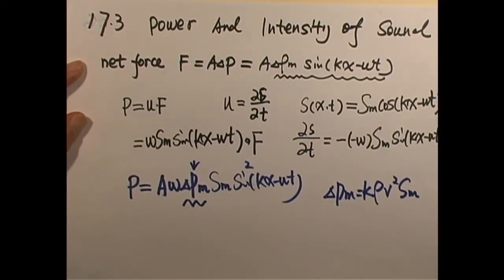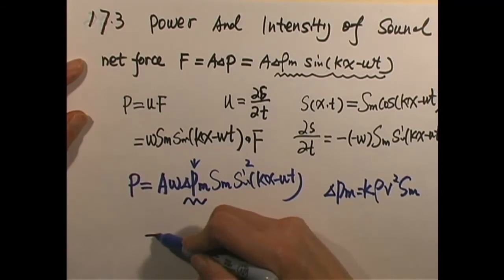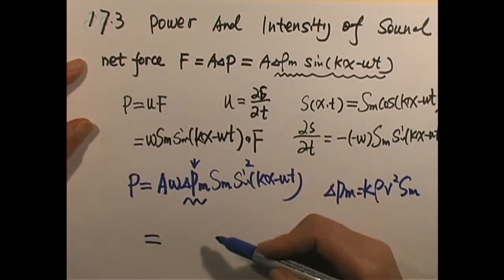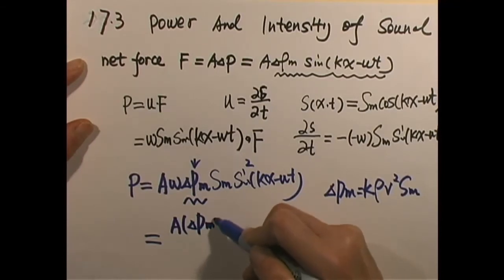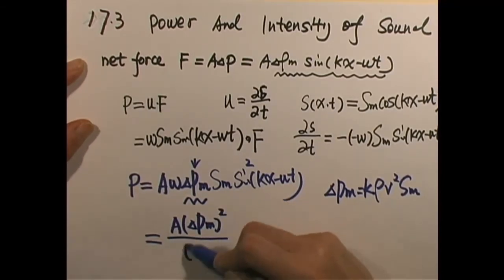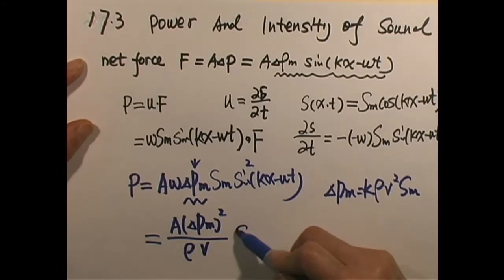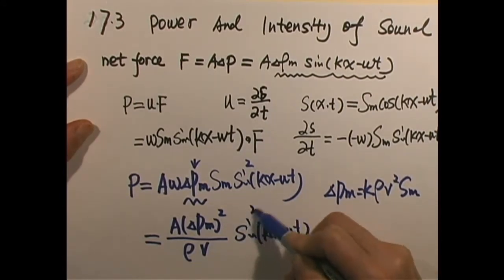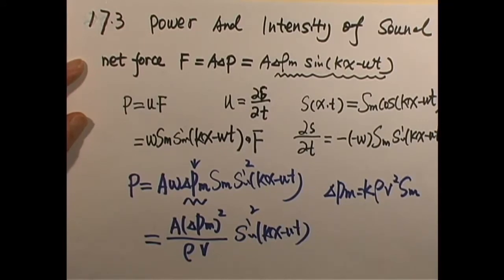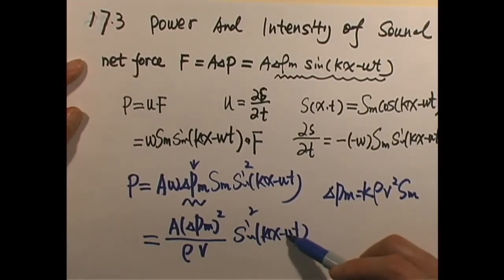What we have is power equals A delta P_m squared over rho v, times sine squared(kx minus omega t).